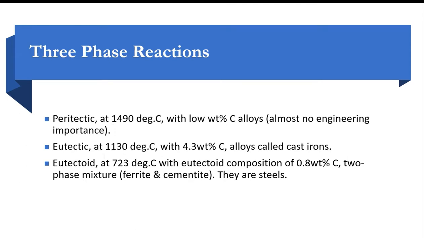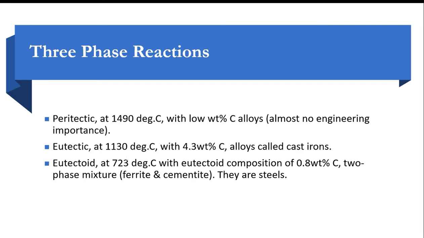Then eutectic at 1130 degrees Celsius with 4.3 weight percentage of carbon, that alloy is called cast iron, right? That is the highest amount of carbon. Then if you add that amount into iron, it is called cast iron. It is a eutectic.